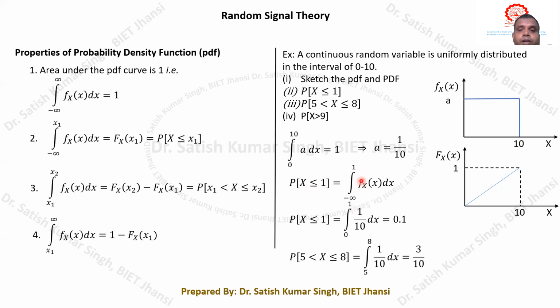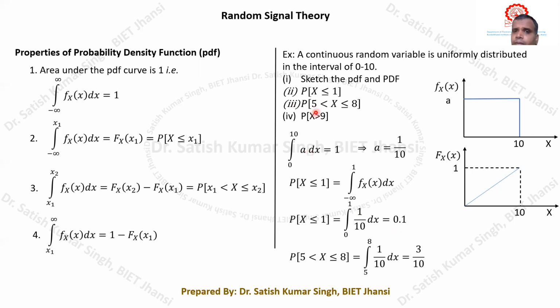Because we already have the form of f_X(x), this is already known to us. This particular graph exists only between 0 to 10, so the lower limit will become 0, the upper limit will become 1, and we integrate 1 upon 10 dx. This probability you can directly calculate, and it will come out as 0.1.